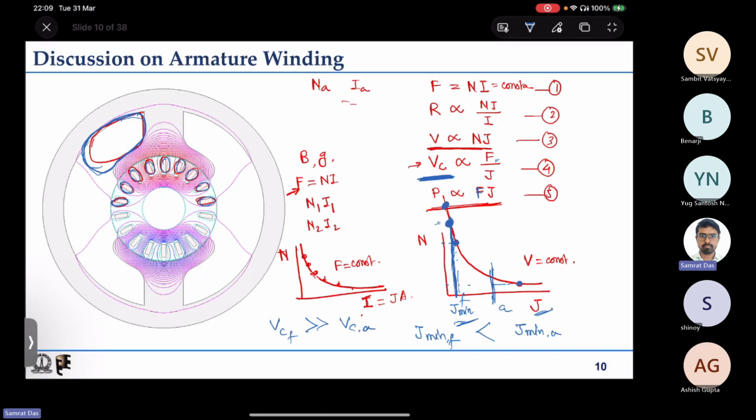Obviously the flux paths for the two cases are very different, but this is a qualitative understanding that the volume available to us is quite big for field winding compared to armature winding.